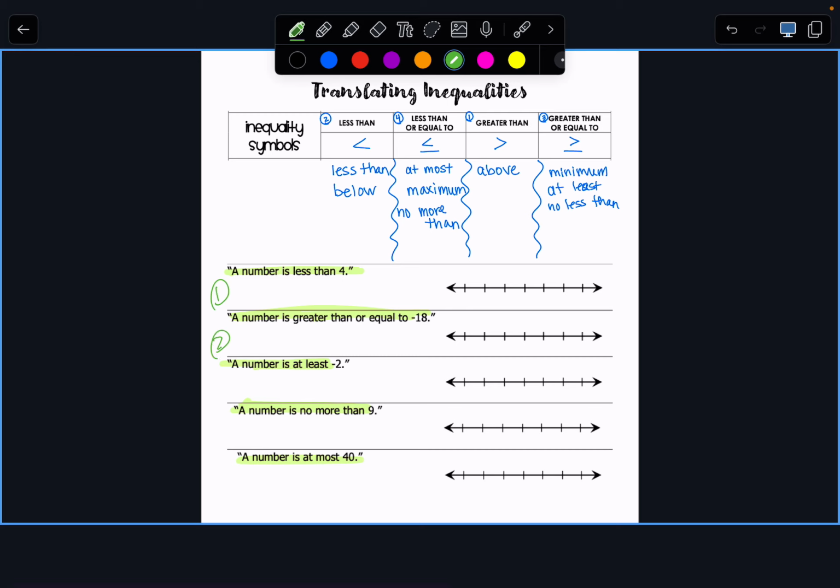Work together with your elbow partner. Use the orange to help you. Use the notes we just wrote to help you. But I'm going to give you about 2 minutes. Write down the inequalities you think are true. Ready, set, go.